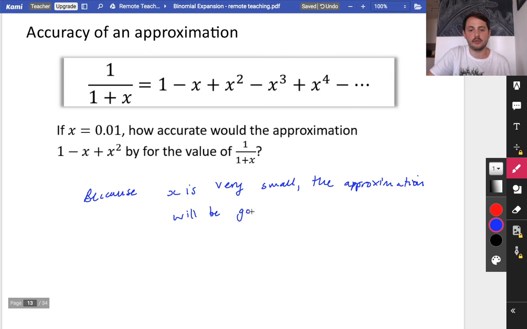And what this means is smaller values of x provide better approximations.